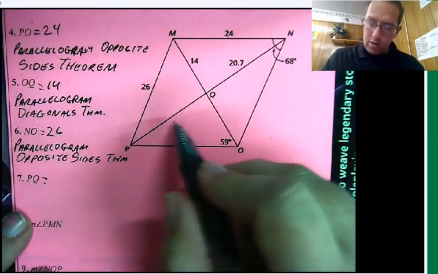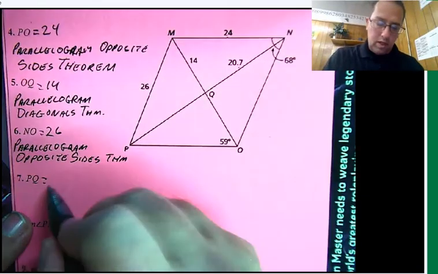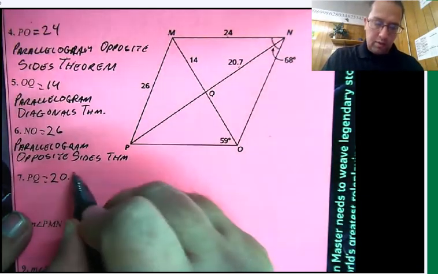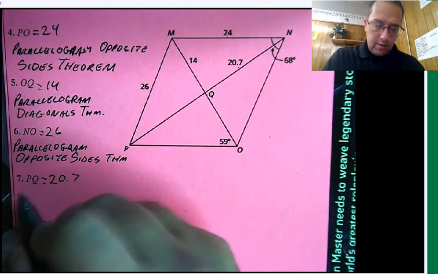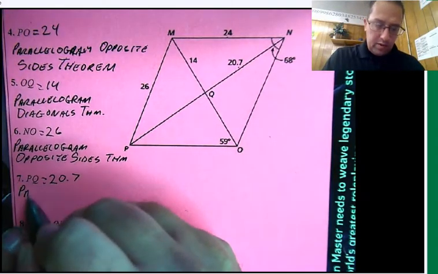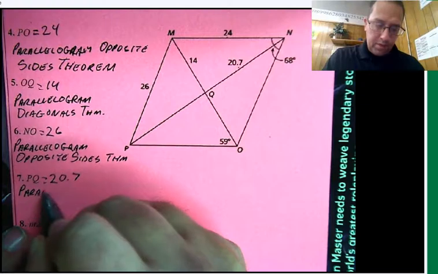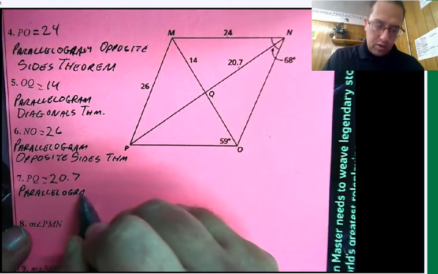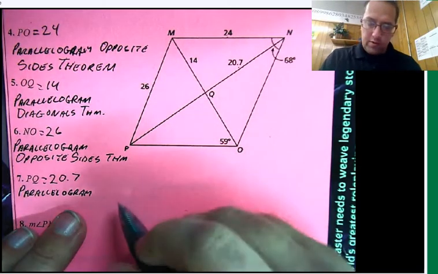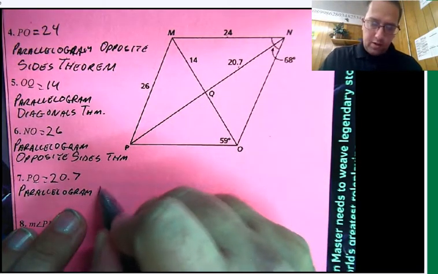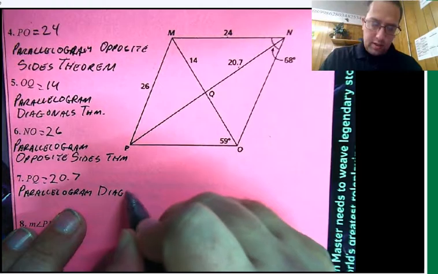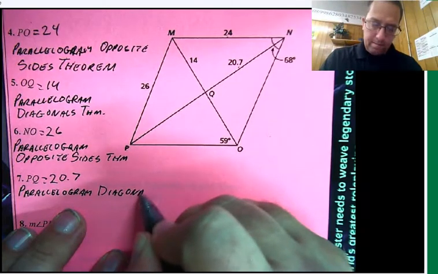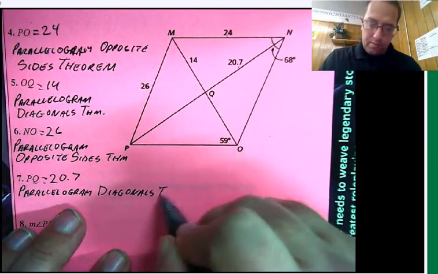So PQ is going to be the same as QN, and that's going to be 20.7. For the same reason that we had on number 5. Parallelogram diagonals theorem. It'd be nice if there was an abbreviation for that.